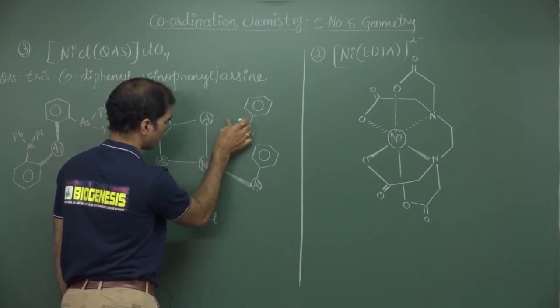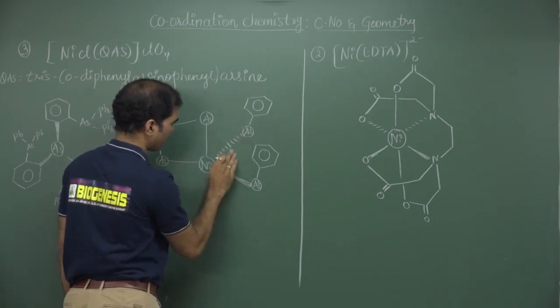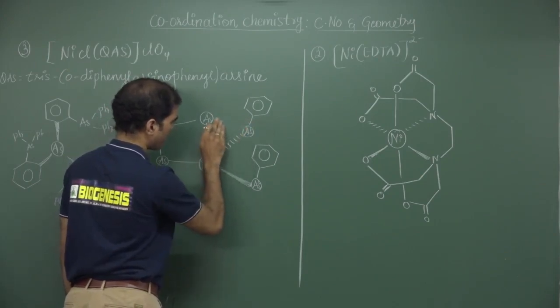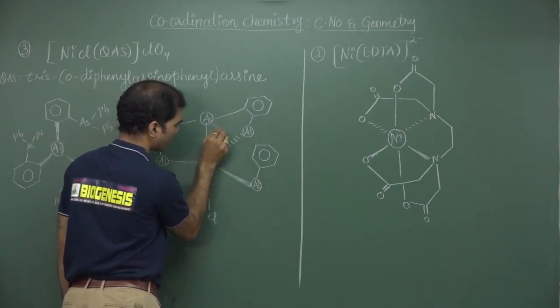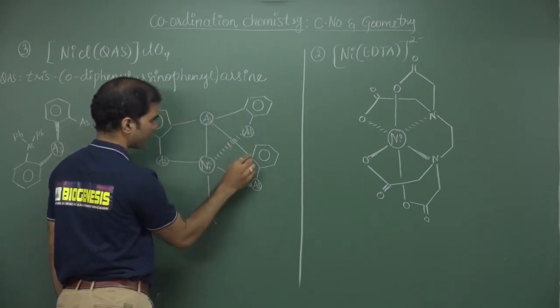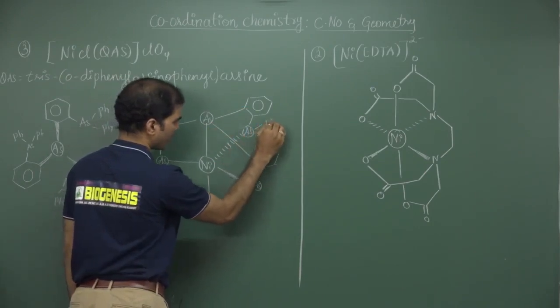It is not directly attached to arsenic, it is attached to the phenyl ring. So just let me join it here and let me join it here, and each of these is again attached to 2 phenyls.